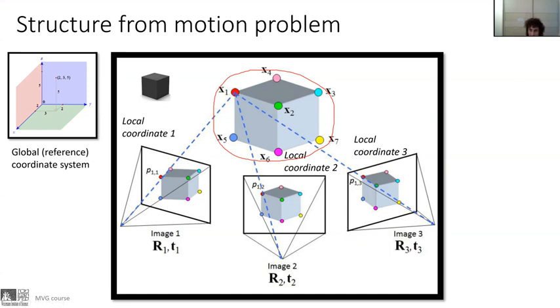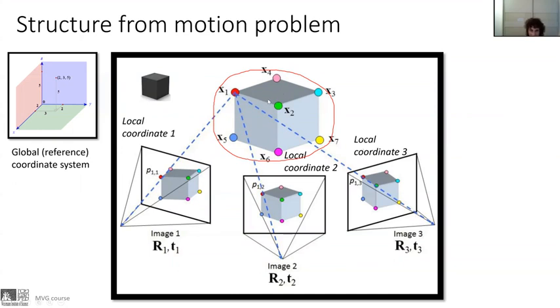The idea is to try to understand how to move from these different local coordinate systems to some global system, such that I'll be able to understand what is the structure of the 3D object that I'm looking for.